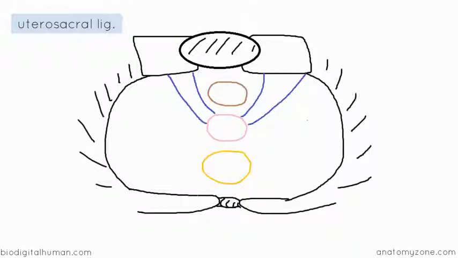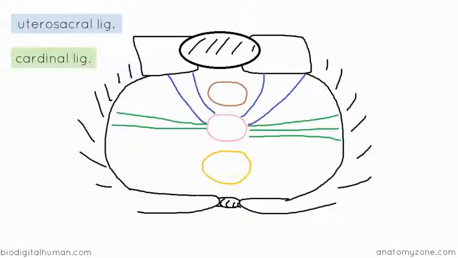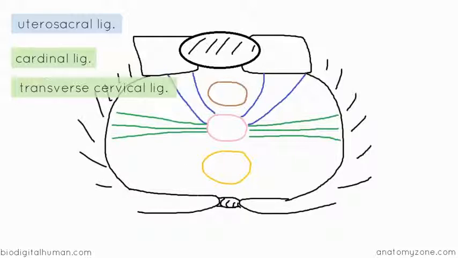And then you've got the thickening of fascia which extends from the cervix to the lateral side walls of the pelvic cavity. These thickenings of fascia are called the cardinal ligament, or the more descriptively named transverse cervical ligaments. Extending anteriorly, you've got the pubocervical fascia, which extends onto the pubis.